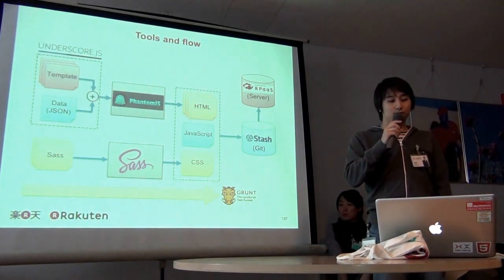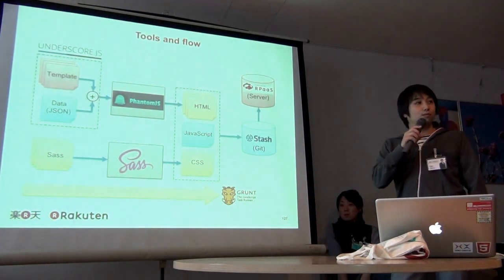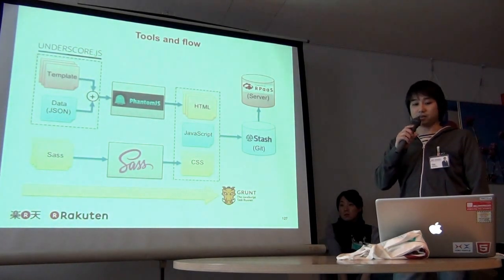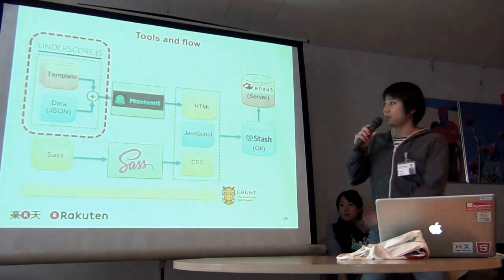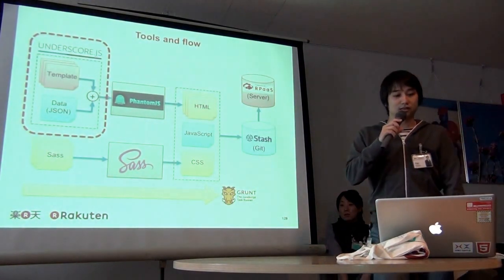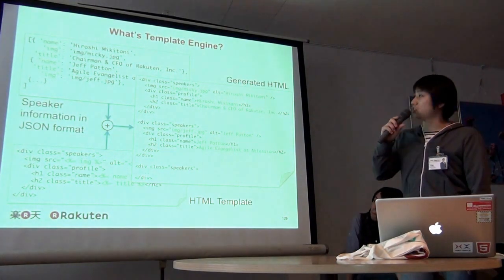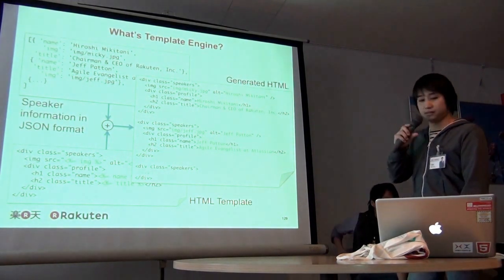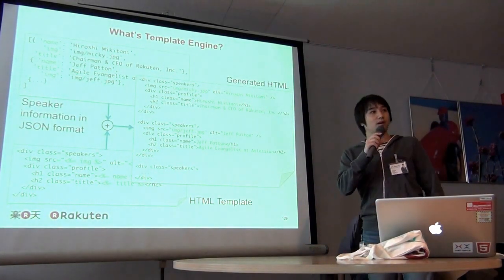So this shows the development flow and the tools we used to generate static HTML files from the templates and information data. We used _JS as a template engine. Our template engine generates HTML from data and templates. This is an example of how to generate the HTML.